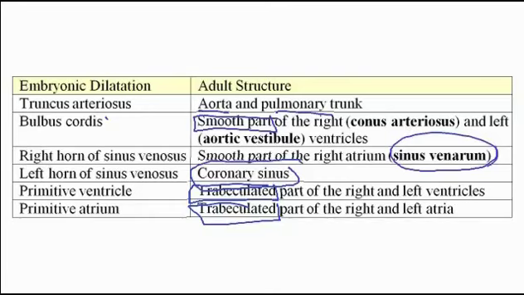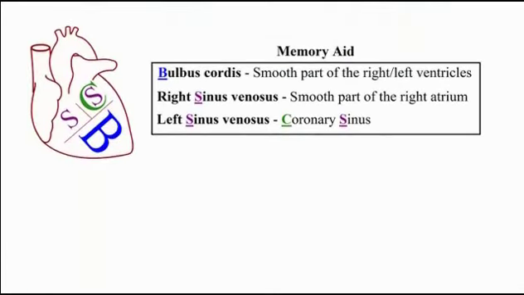Now I have a memory aid here that will help you memorize what structures arise from bulbus cordis and sinus venosus. So you can see how bulbus cordis is here in the ventricular region, so therefore smooth portion of right and left ventricles arise from bulbus cordis. And then we have sinus venosus here. So we have two sinus venosus, one in the right side and one in the left side.